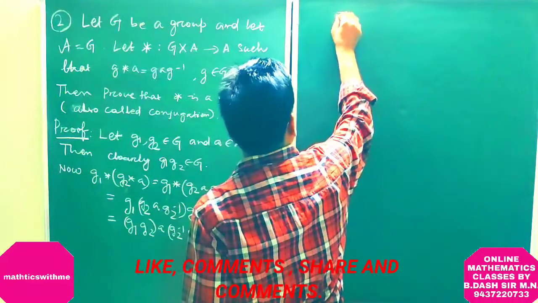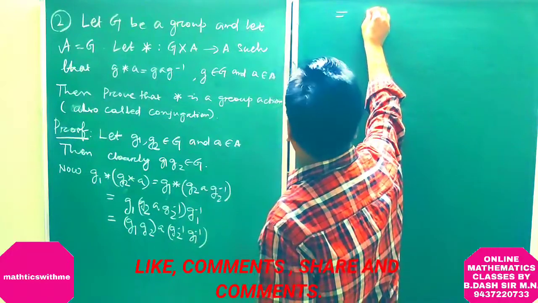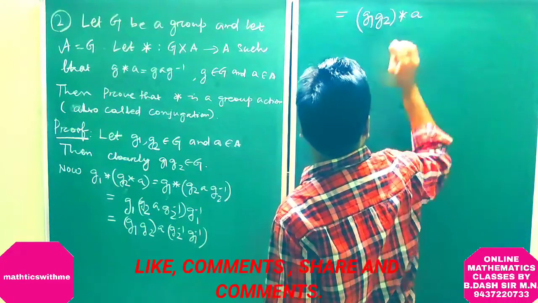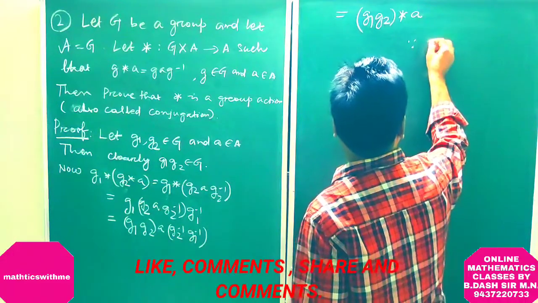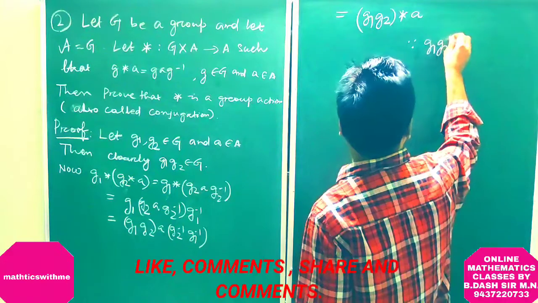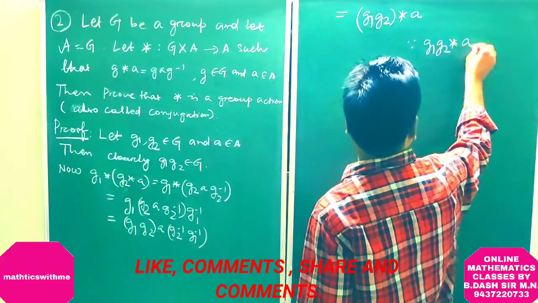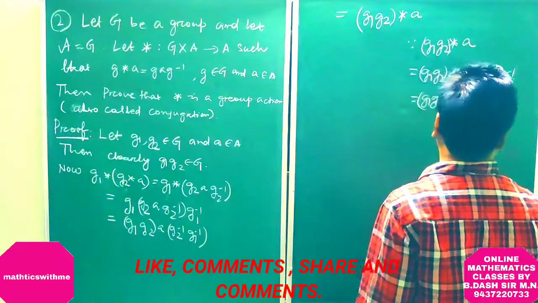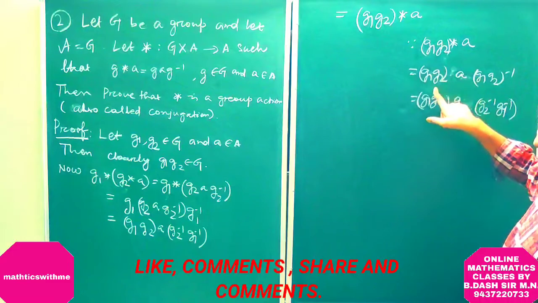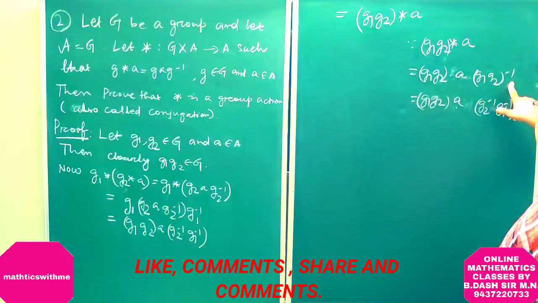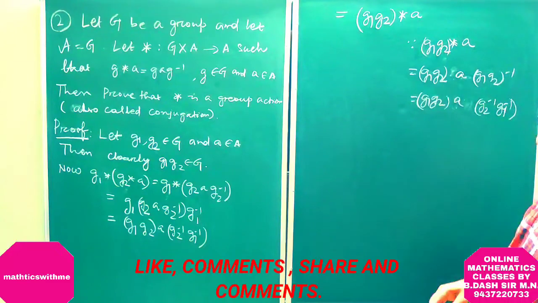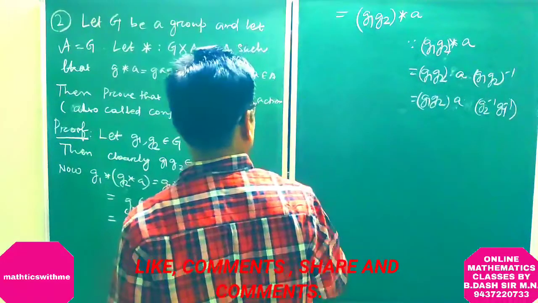This is equal to (g1 g2) star a, since (g1 g2) star a is equal to (g1 g2) a (g1 g2) inverse, because (g1 g2) inverse is g2 inverse g1 inverse. So the first condition is now proved.